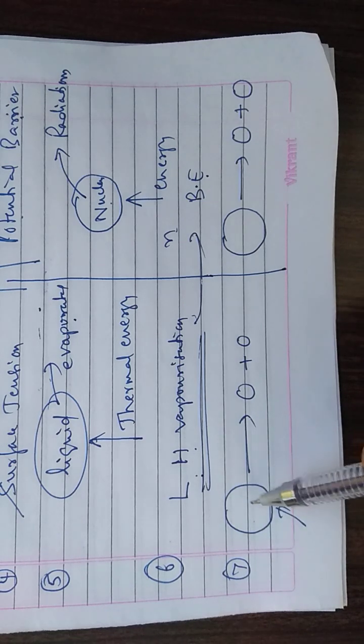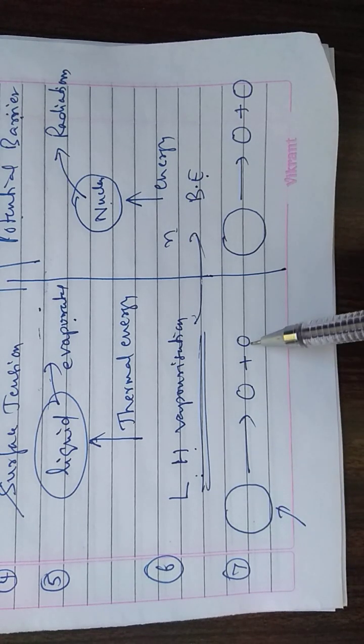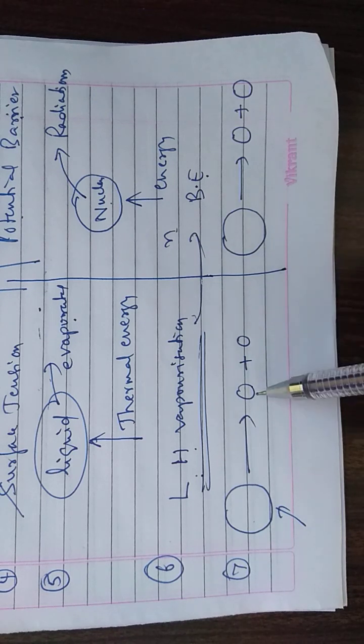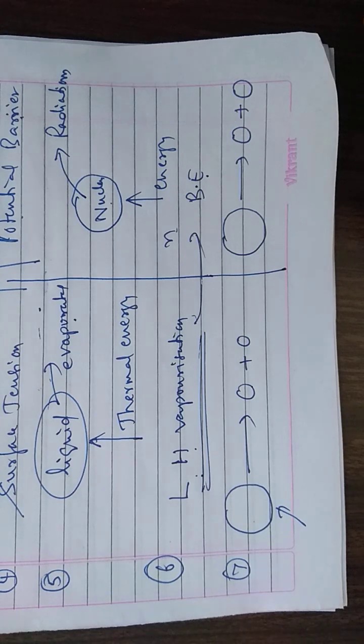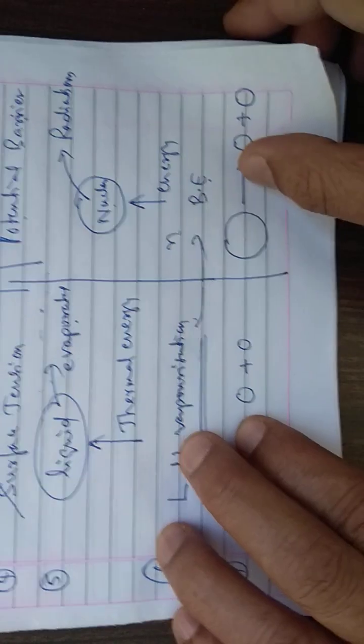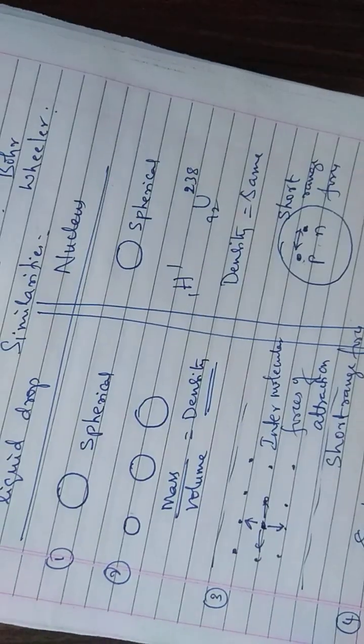The spherical liquid drop is converted into 2 or 3 smaller droplets, and each smaller droplet is also spherical in shape. These are some of the similarities between a liquid drop and the nucleus. Now let me consider some more concepts regarding the liquid drop model.